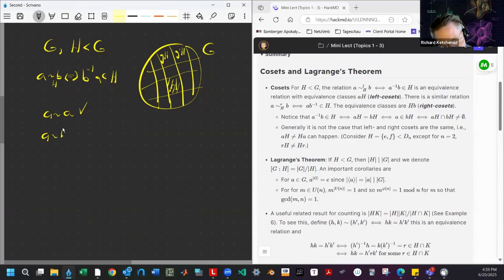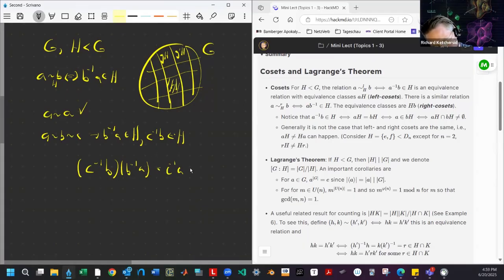Now, a is equivalent to b, and b is equivalent to c. So what does this turn into? This turns into b inverse a is an element of H, and c inverse b is an element of H. So let's do it the other way. c inverse b times b inverse a is definitely c inverse a.